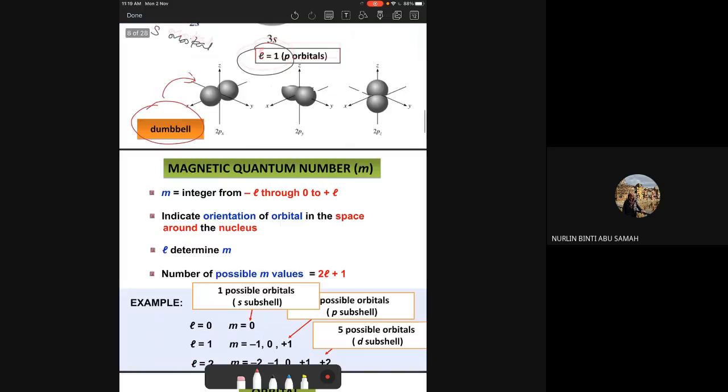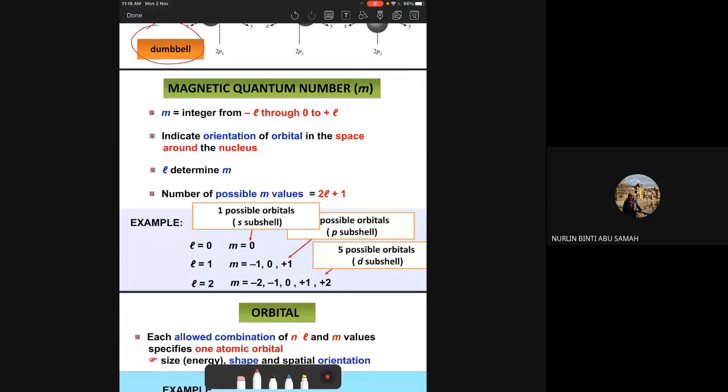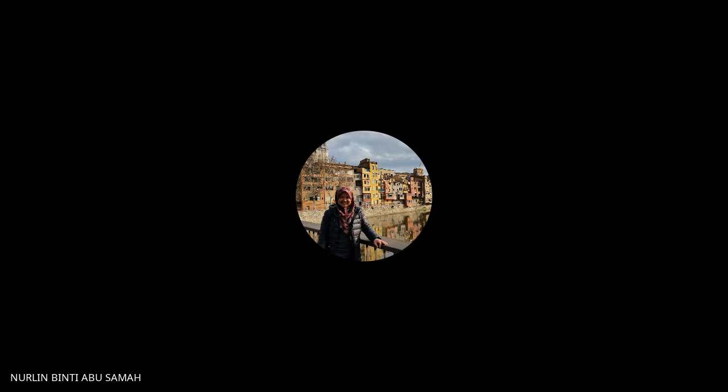Okay, next we go for the magnetic quantum number. When you want to write the magnetic quantum number, you must understand one important thing: m depends on l. So when you want to write the m value, you need to know what the l value is.